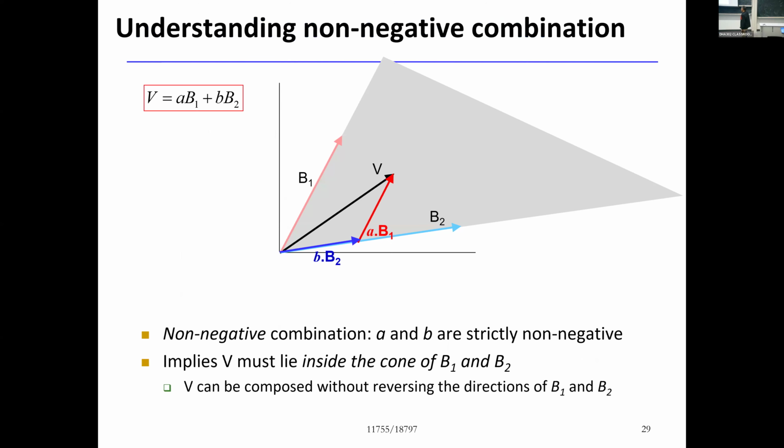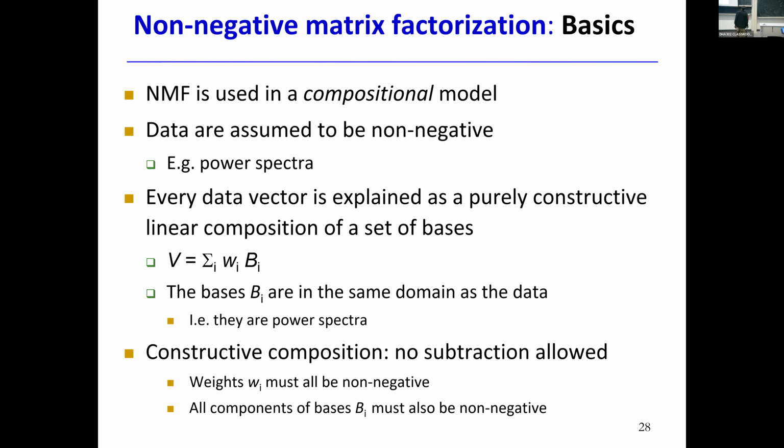Simple enough, right? So what does non-negative composition mean geometrically? Now, firstly, if I were to draw non-negative vectors, all non-negative vectors are going to be only in this positive orthant. Because if they were in any of the other orthants, they will have negative components, right?